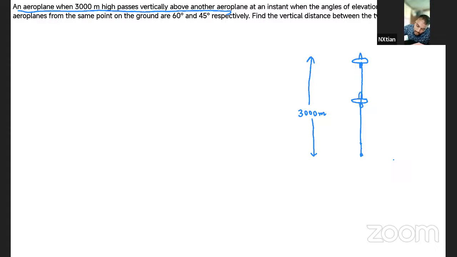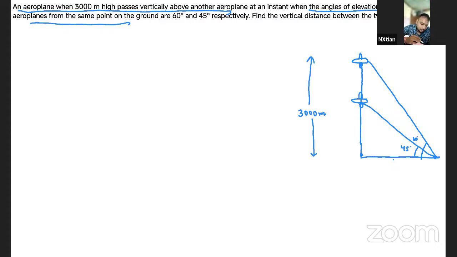And it is given that the angles of elevation of the two aeroplanes are from the same point on the ground. So for example, this and this both are from the same point on the ground. Now they make 60 degrees and 45 degrees. Because this one is lower, it will make 45 degrees, and this big one will make 60 degrees.